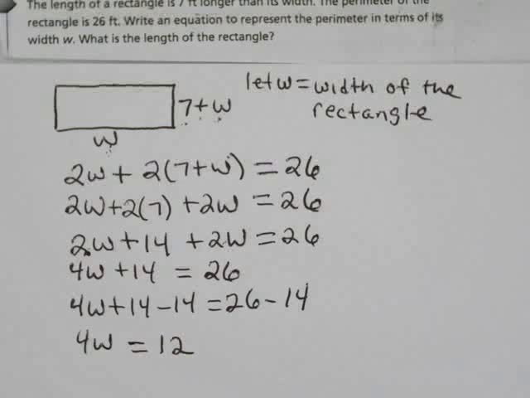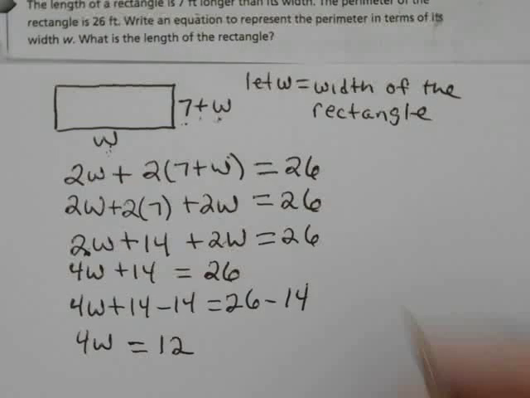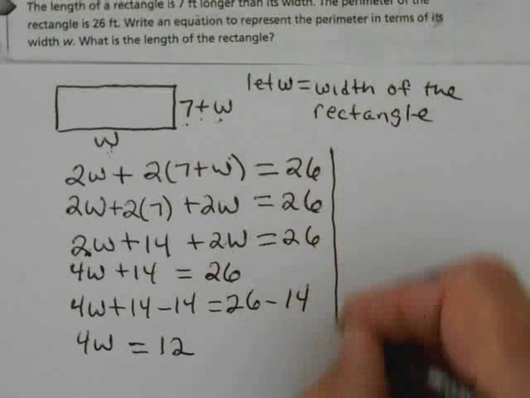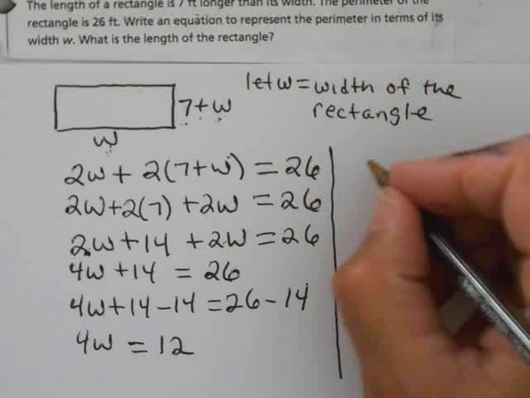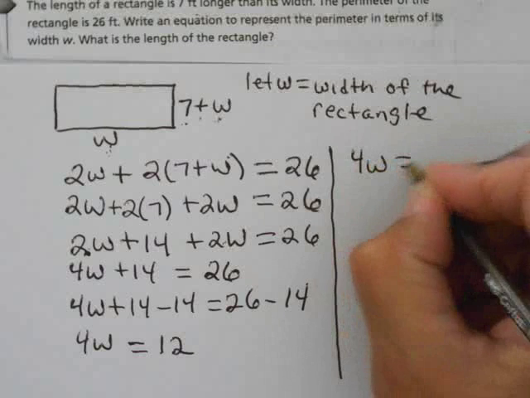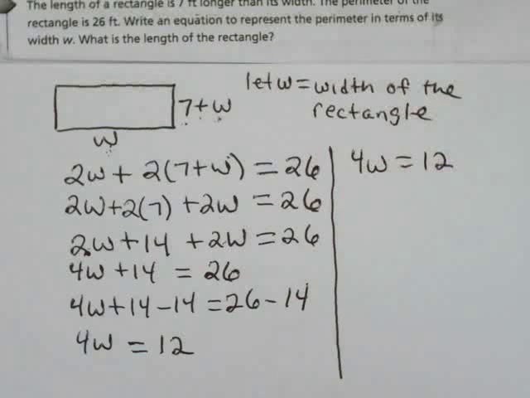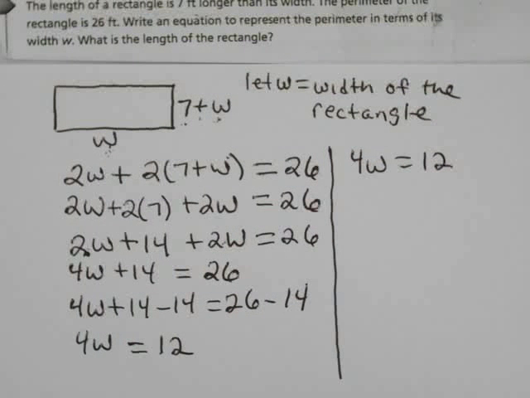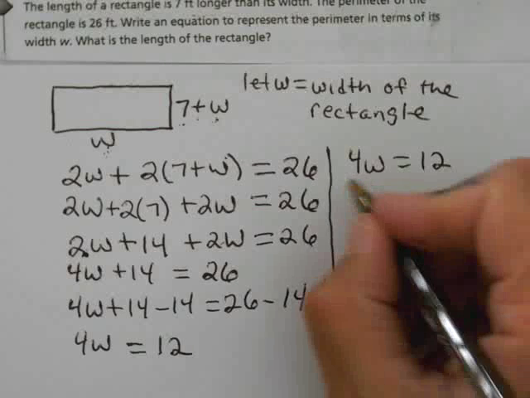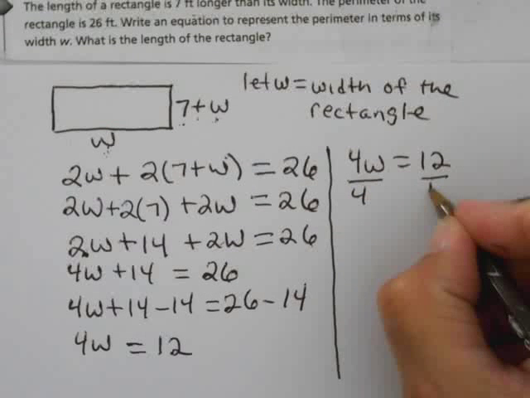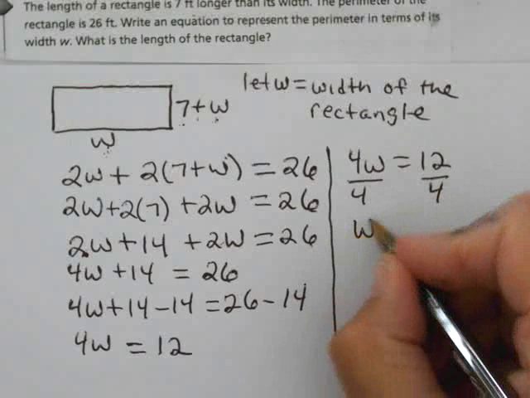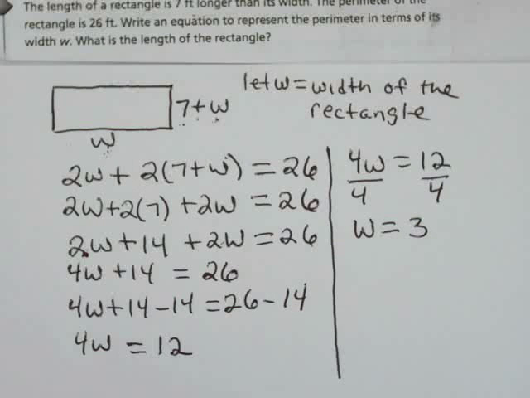I'm going to move to the right here and continue from this side. So I'm going to move that 4W equals 12 here. And I'm going to isolate the variable W by dividing both sides by 4. And W equals 3. Okay, so now I know that the width is 3.